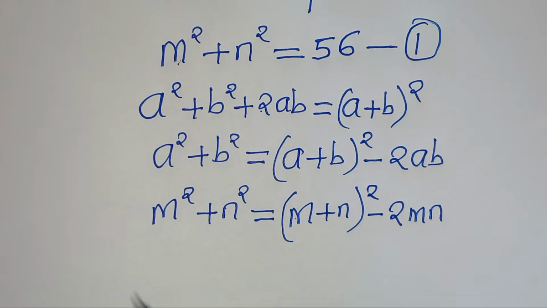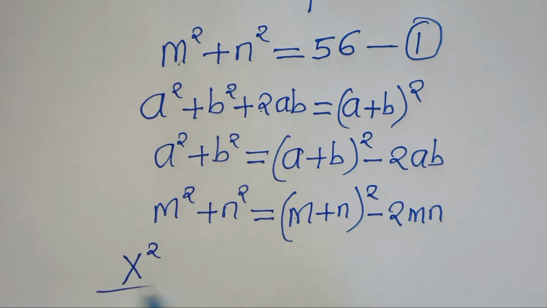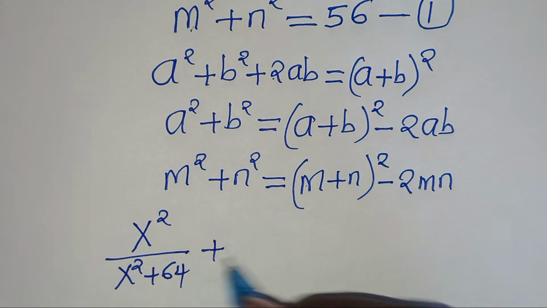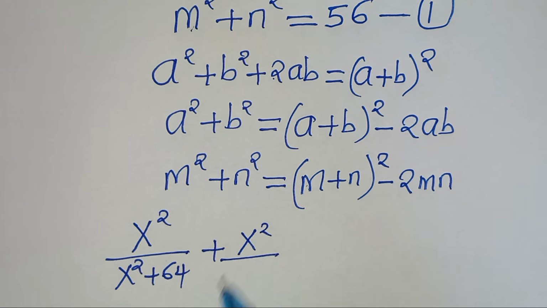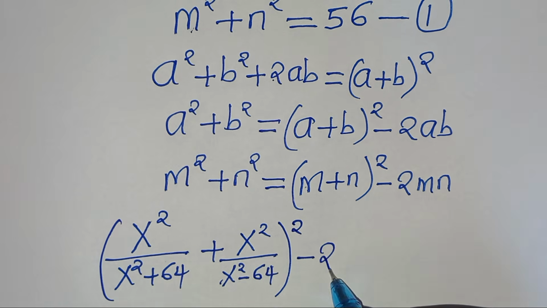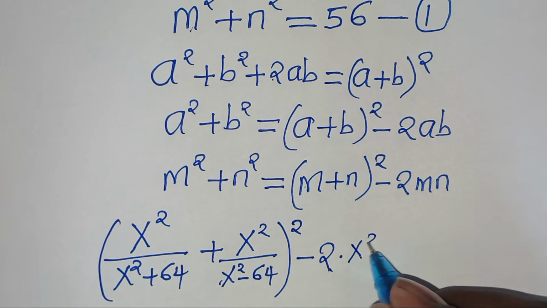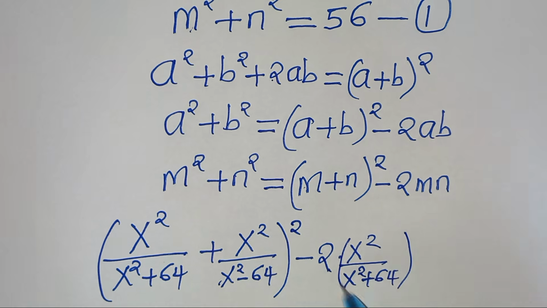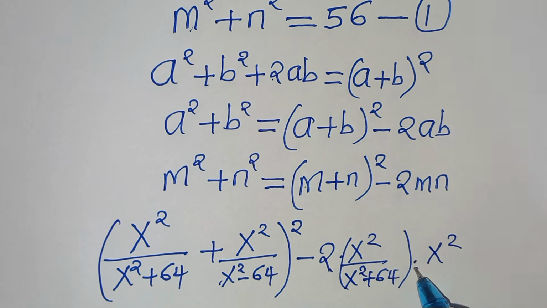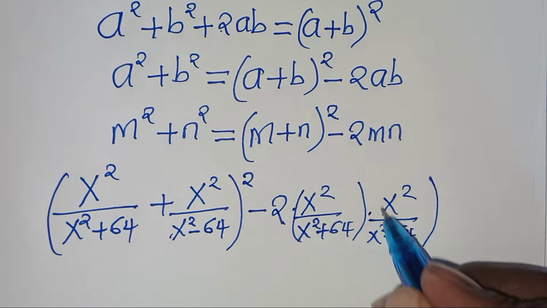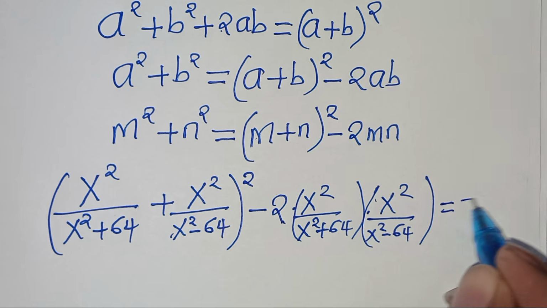So now we have (x squared over x squared plus 64 plus x squared divided by x squared minus 64), everything raised to the power of 2, then subtract 2 multiplied by x squared divided by x squared plus 64 multiplied by x squared divided by x squared minus 64. Now this is equal to 56.